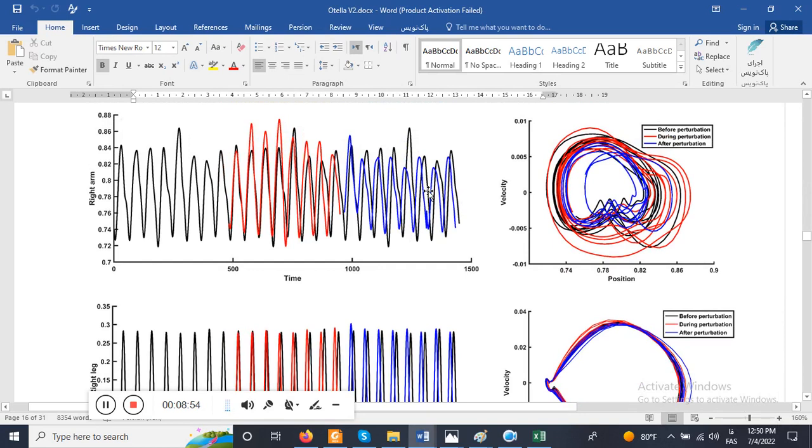It is because of this reason: this plot is only for one component, maybe the component with the large amplitude.